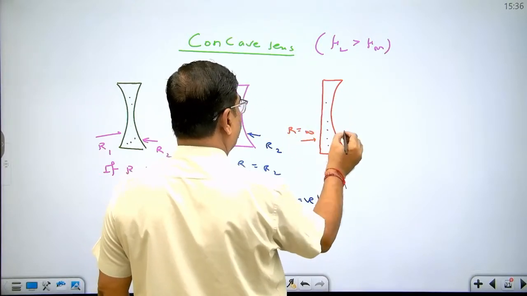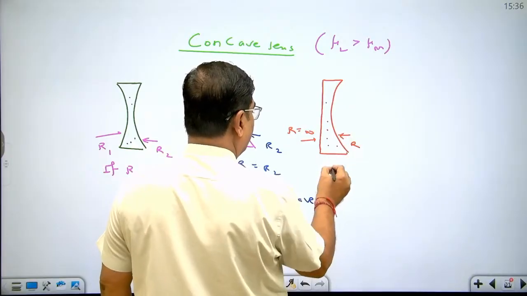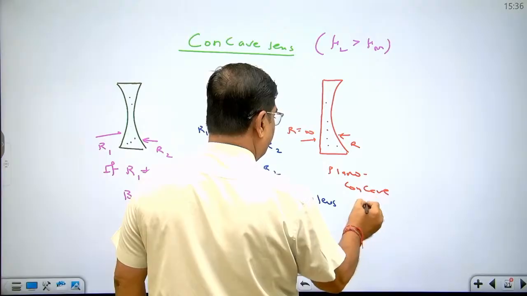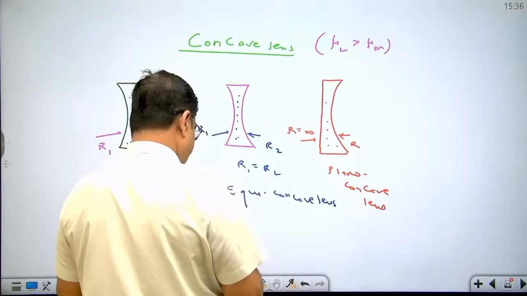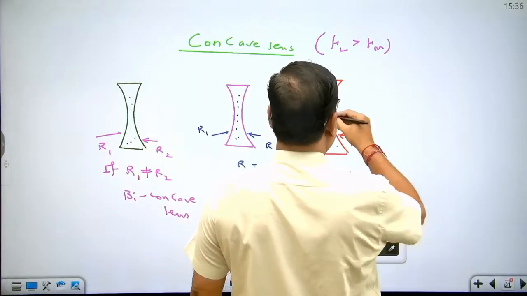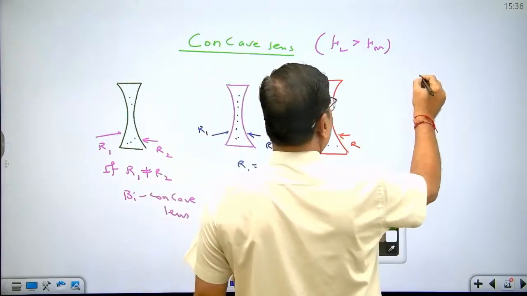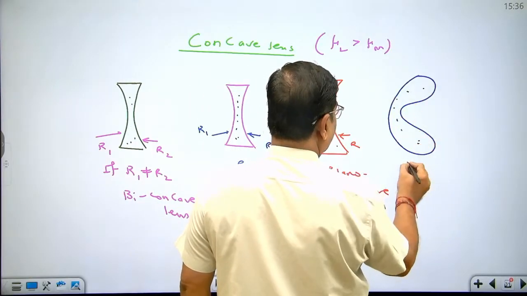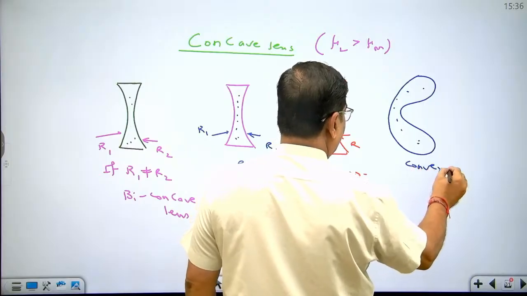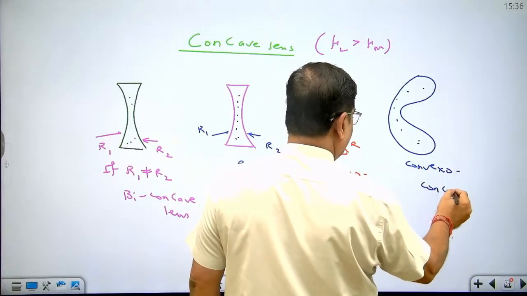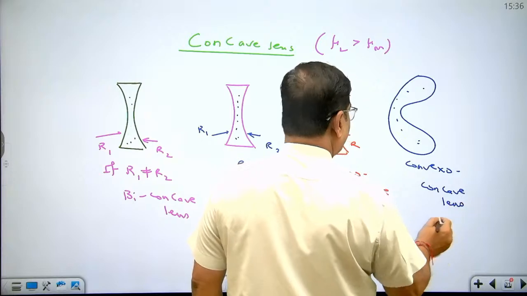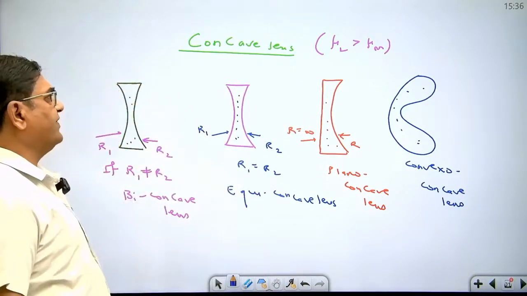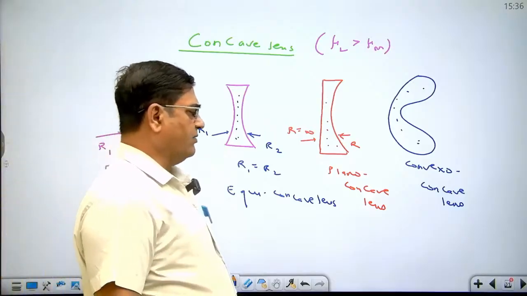Here R equal to infinity and this is R. This is called a plano-concave lens. This is thinner at the center and thicker at the surrounding, and this is a concave lens. This is the broad classification of the convex and concave lens.